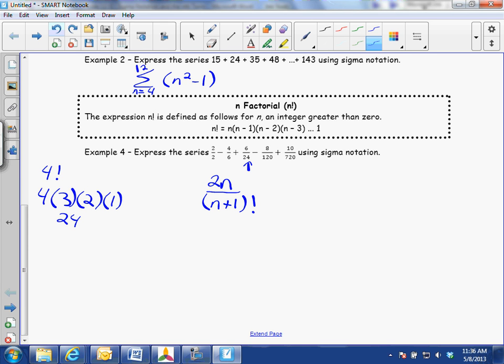So the negative n, n minus 1. No, just times n minus 1. You're not counting the negative 1. Times n to the negative 1. No, this is going to make it negative.